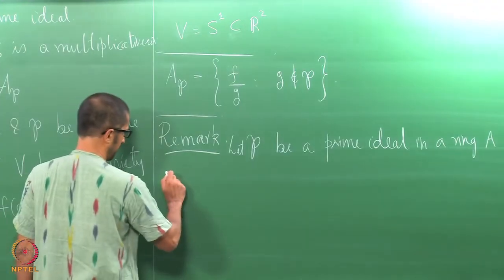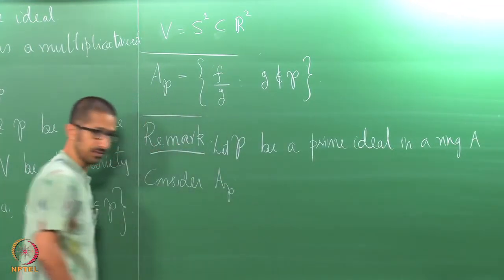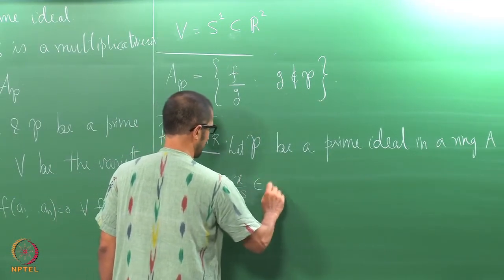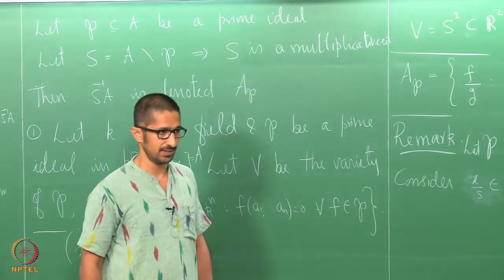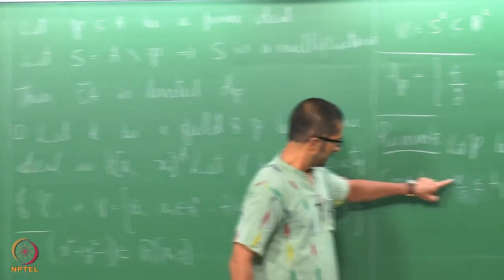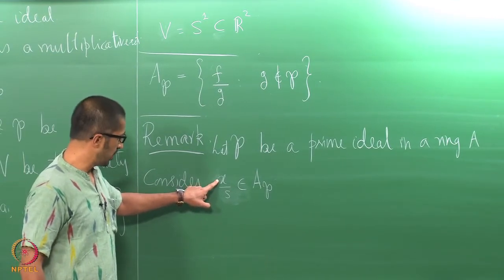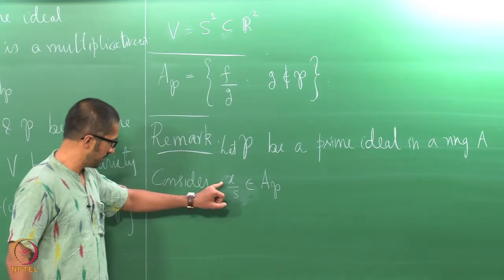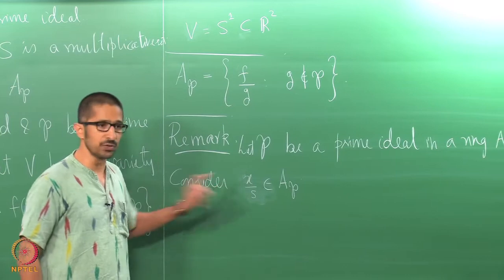And consider A_P. Okay. Take an element in A localized at P. So, let x/s be in A localized at P. If x is in P, can this be a unit?